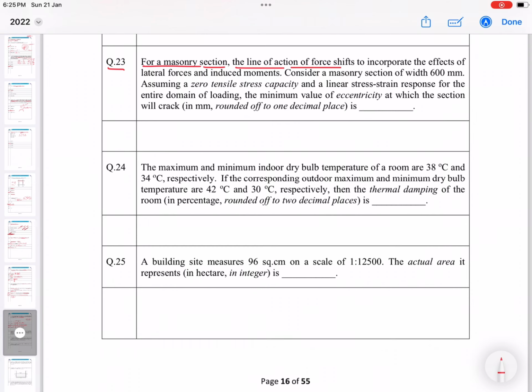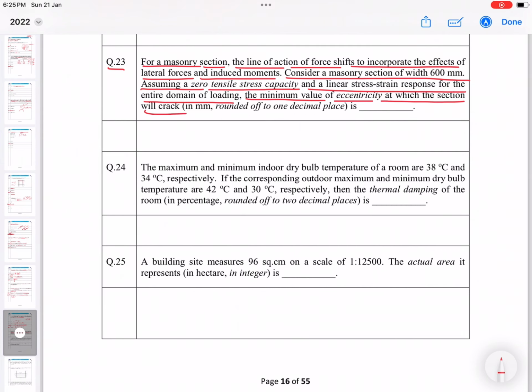Question number 23. For a masonry section, the line of action of a force shifts to incorporate the effect of the lateral force and induced moment. Consider a masonry section of width 600 mm, assuming a zero tensile stress capacity and a linear stress strain response for the entire domain of loading.